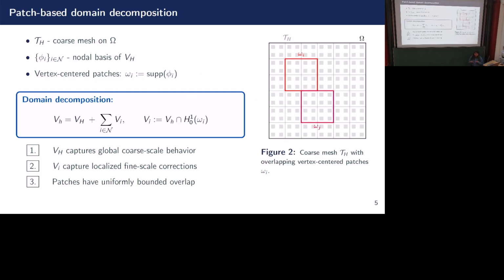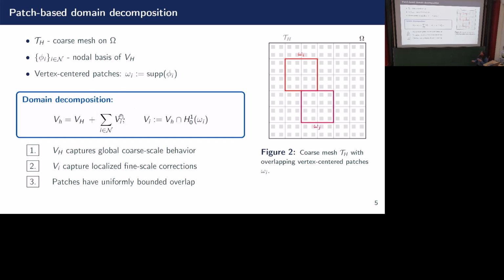We work in the classical additive Schwarz framework, as I said, and here we consider a coarser mesh. And on this coarser mesh, we also consider another fine scale mesh, which is a refinement of this coarse mesh. Then we want to decompose this fine scale space into a global coarse space plus the overlapping fine scale subspaces.